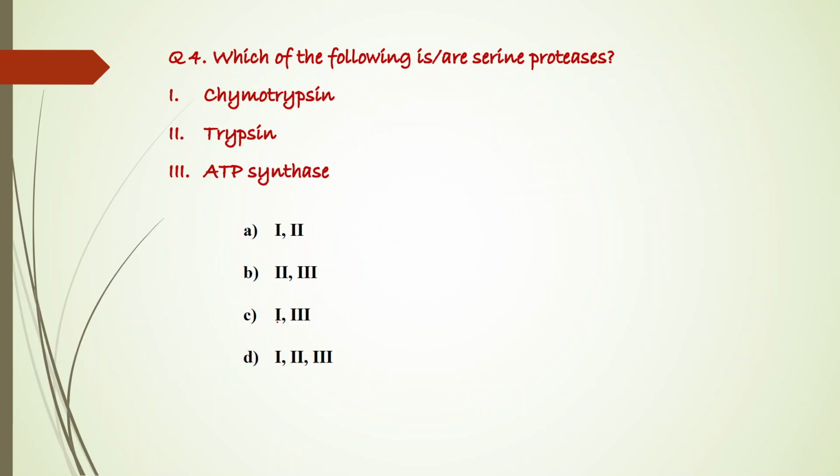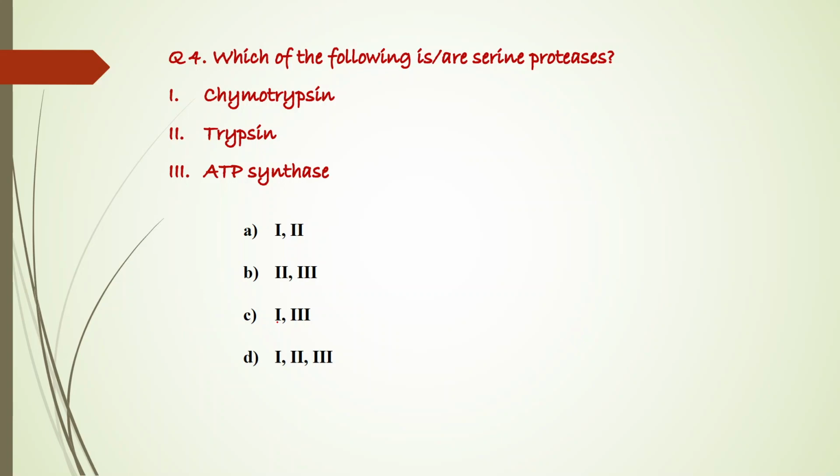Okay, we'll continue. Which of the following are serine proteases? Serine proteases we already discussed. It is a class of proteases that have a serine residue at the active site. So among these, which are the types of serine proteases?